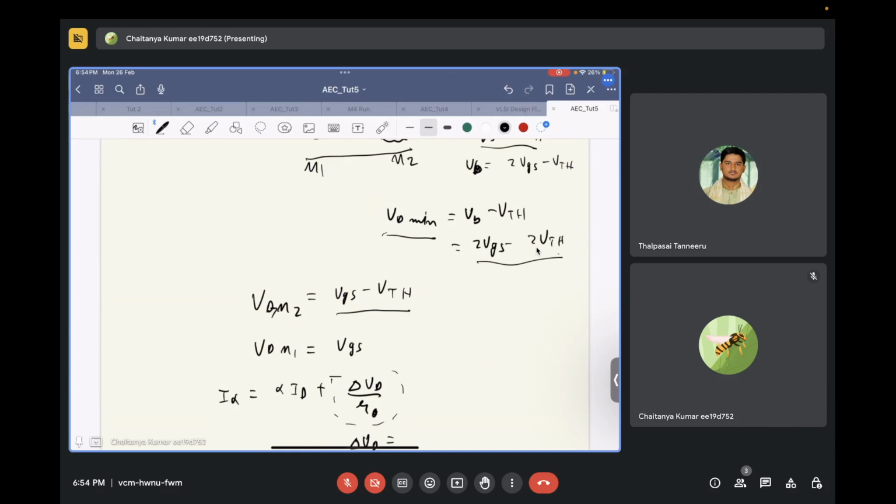So this is non-negotiable now. What can you do in transistor M1 in order to remove the current error altogether? You can make the drain of transistor M1 equal to what you have in transistor M2.